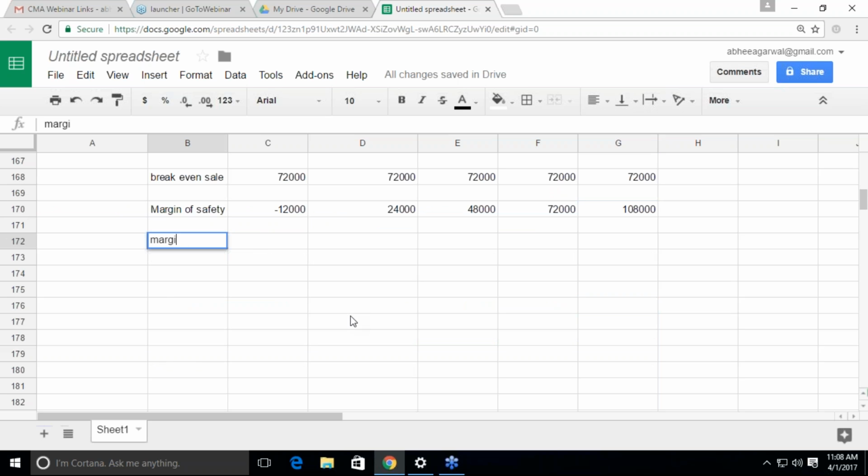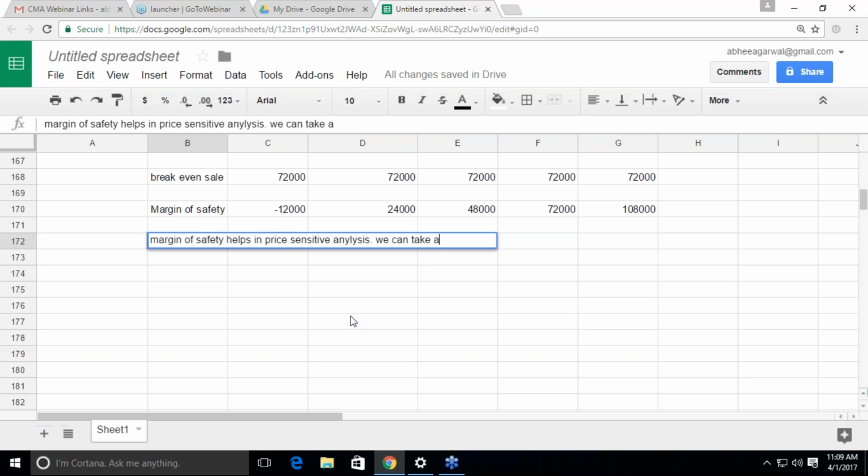Margin of safety helps in price sensitivity analysis.